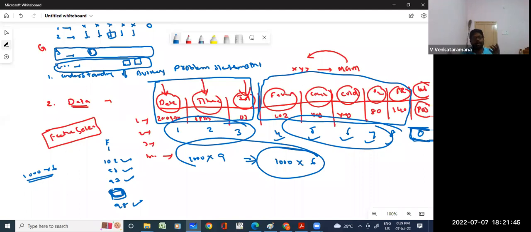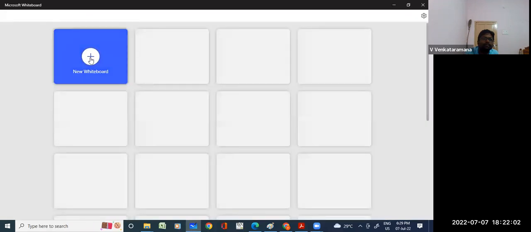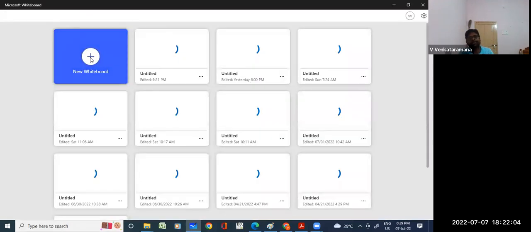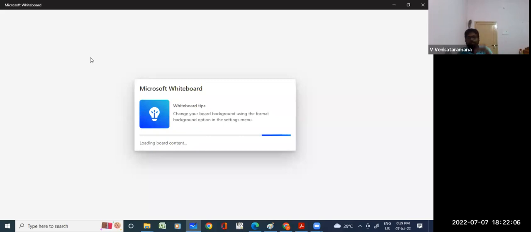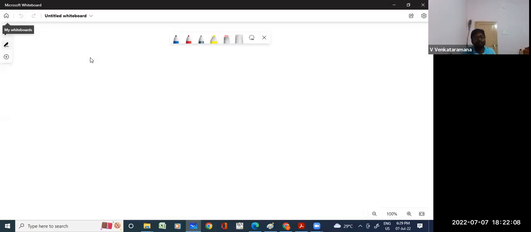In addition to that, there is another thing, which is outlier treatment. What do we mean by outlier treatment? For every feature, some set of values are there. Because of human error, there is a possibility that wrong data may be entered.